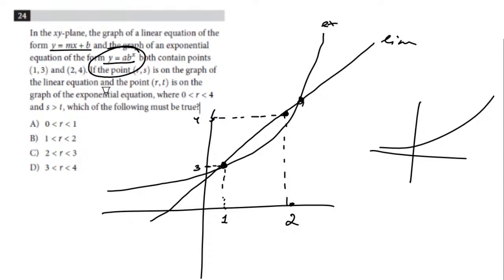So there is a point R, S on the graph, and there is a point R, T on the graph of the exponential function, and R, S on the linear equation. R is between 0 and 4.